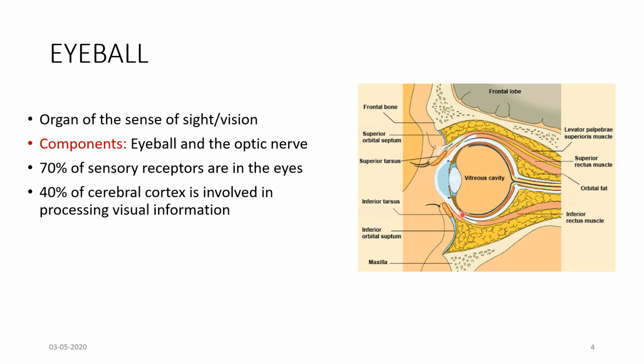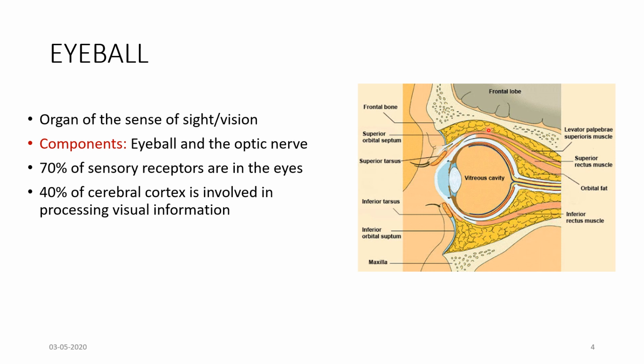In this picture, you are seeing the eyeball located in the orbital cavity. This is the anterior pole and this is the posterior pole, and you can see the optic nerve coming out, and you can observe the extraocular muscles of the eyeball and the orbital pad of fat.